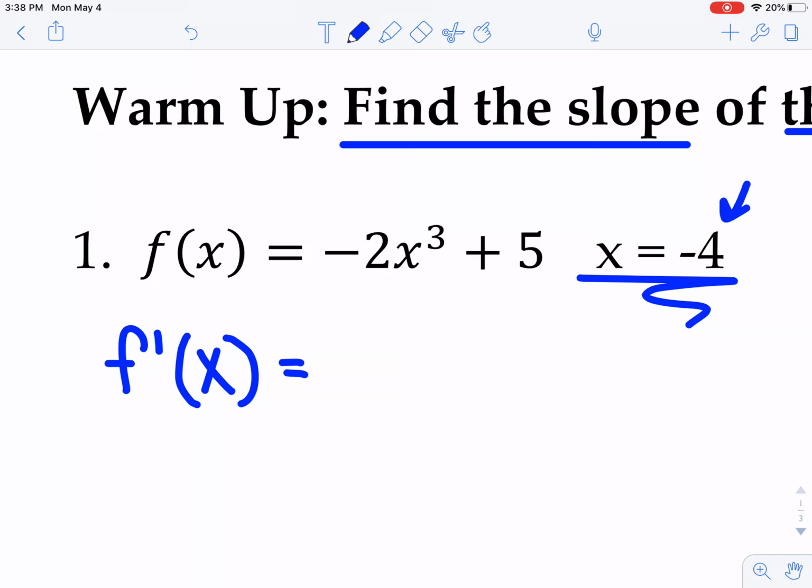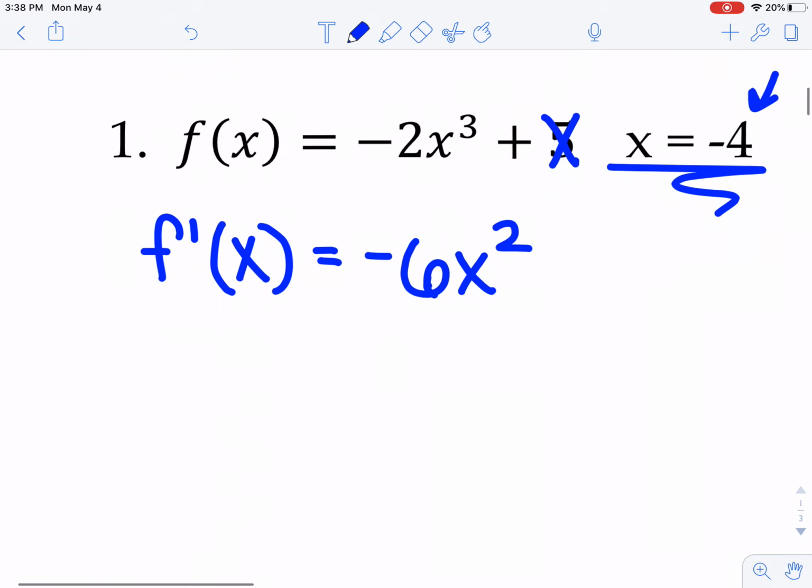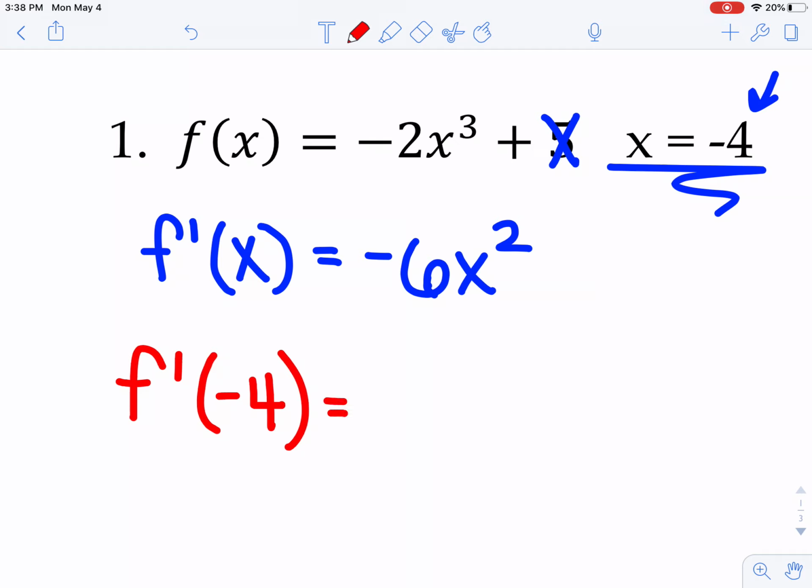So let's do it. So let's find the derivative. We get negative 6x squared. So I'm just using the power rule to get my derivative here, and the 5 goes away. And now I'm going to plug in negative 4. So negative 6 parentheses negative 4 squared.